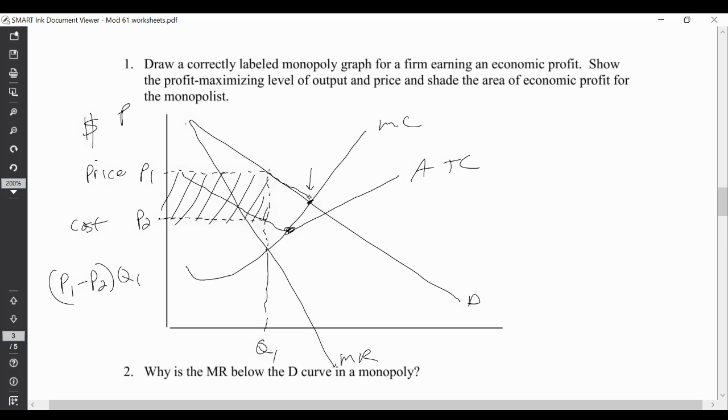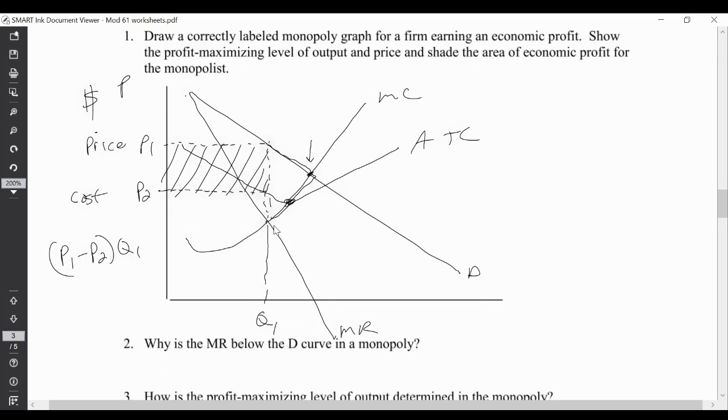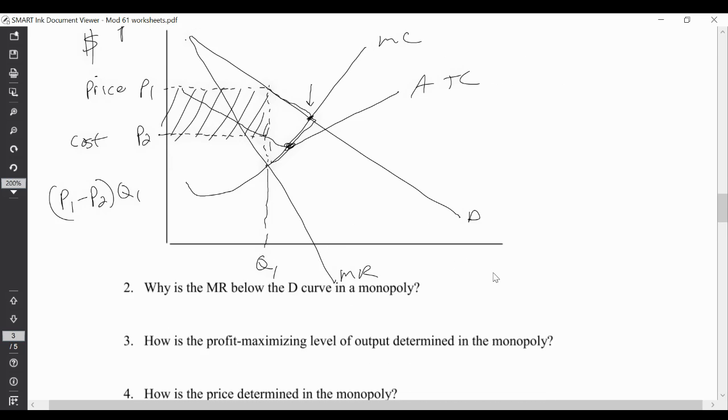This triangle right here is deadweight loss that is created because monopolies are inefficient. So if we use that graph to answer the next question, it asks, why is the marginal revenue below the demand curve in a monopoly? Well, given the downward slope of the demand curve, a monopolist must lower their prices to all buyers to sell additional units.